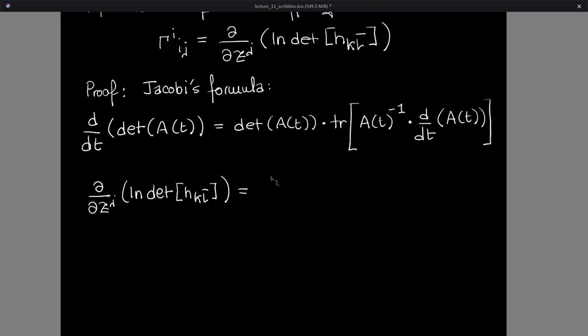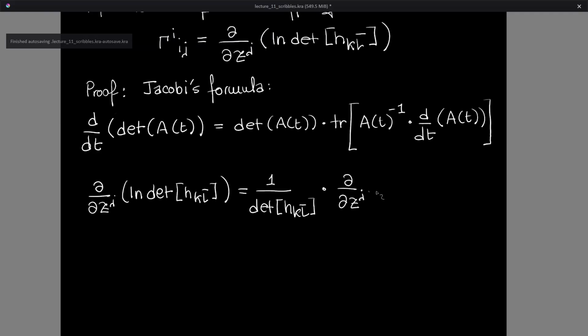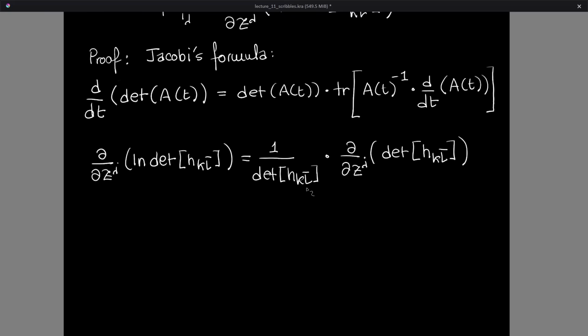The derivative of the logarithm is equal to 1 over the argument of the logarithm, so 1 over the determinant of h k l bar, times partial z j of the determinant of the matrix itself, in which case this is h k l bar. Of course, we should probably put different indices down here because we don't know that they're summed, so p q bar, let's say.